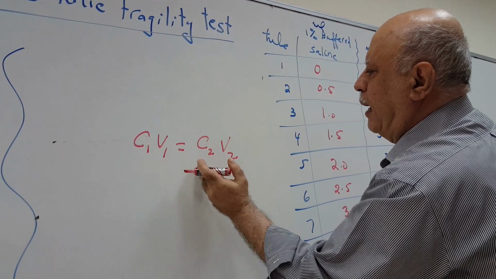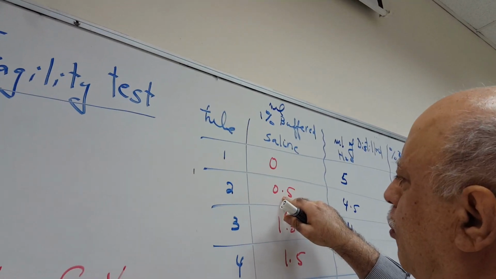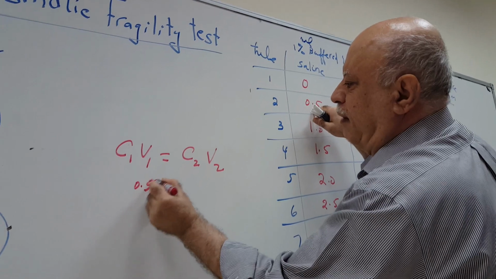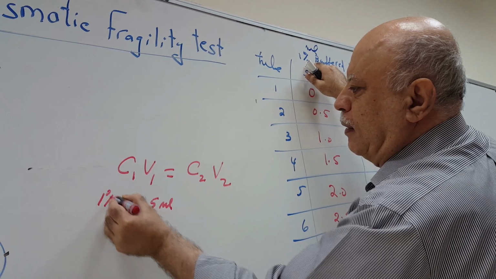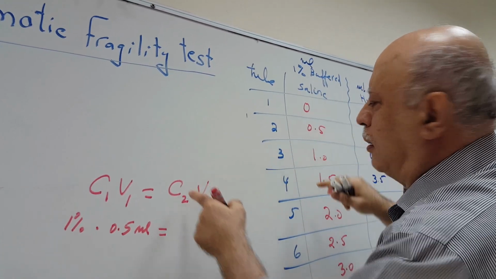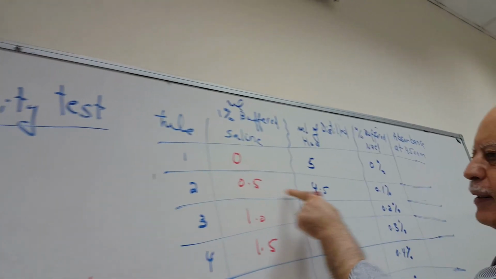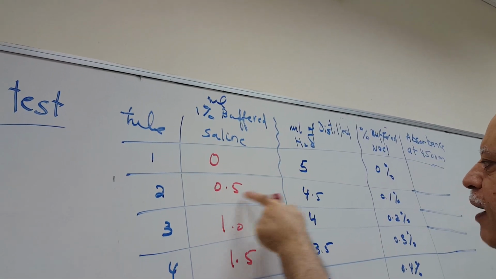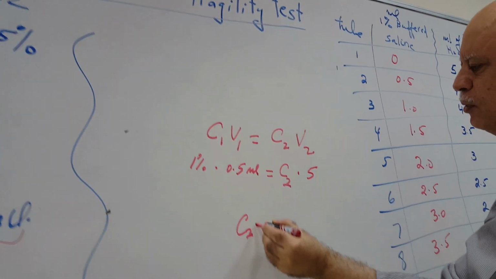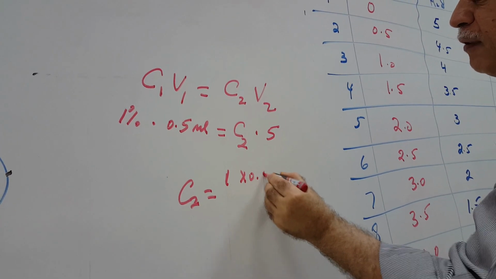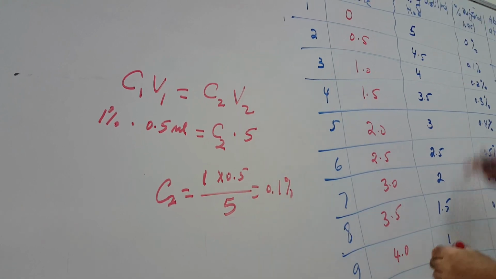Before the dilution we took a volume of 0.5 milliliter, with concentration 1%, equal to the final concentration, which we don't know, times V final. 0.5 plus 4.5 will be 5 milliliter. So C2 is 1 times 0.5 over 5, which is 0.1%.